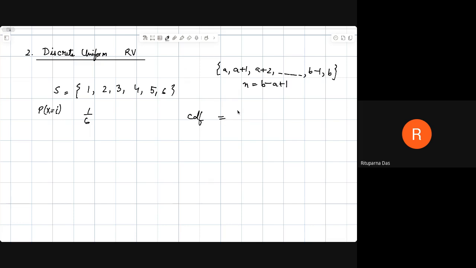Then the CDF will be the lower integer k, where k can be any of these values, minus a plus 1, divided by n. Okay, this is the CDF, this is F.